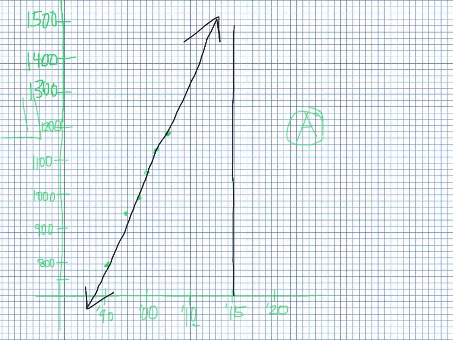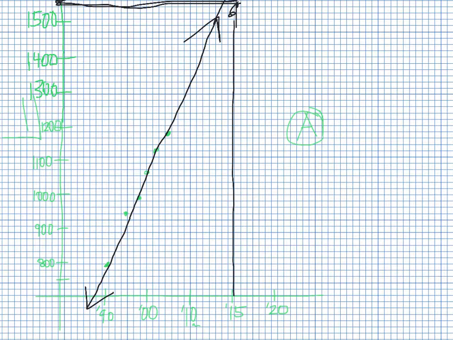So if I go straight up, I'm going to learn that my line is just not big enough for my line of fit. It's going to hit that line somewhere up there. Let's pretend it's around this spot, and what I'm trying to do is find where it hits over here, which my line of best fit looks like it'll be somewhere around 1600.